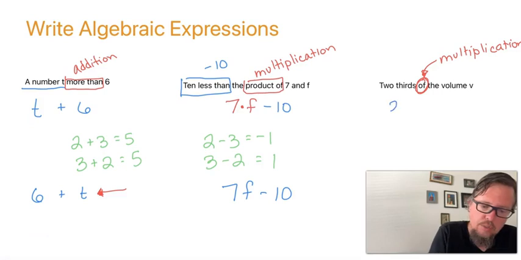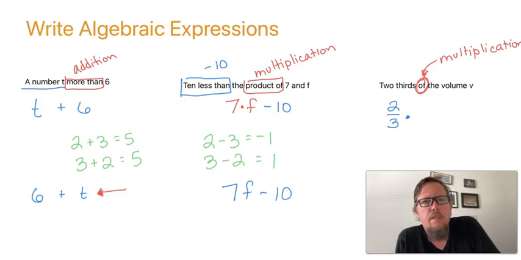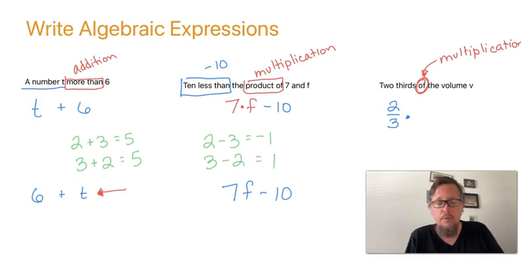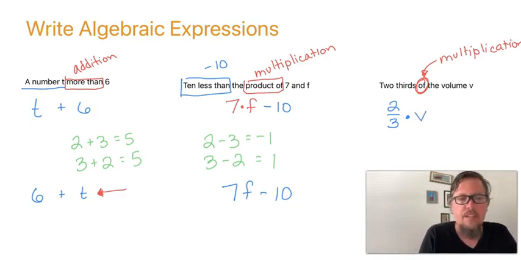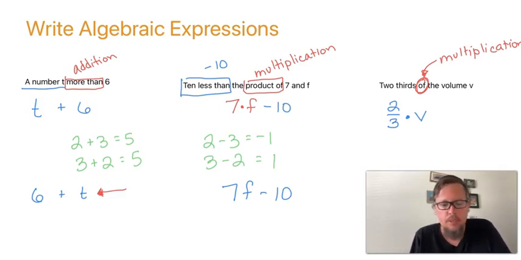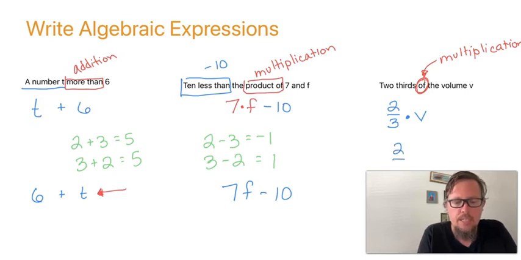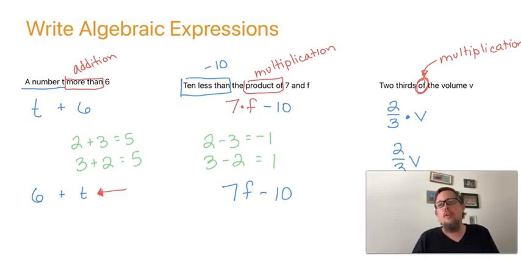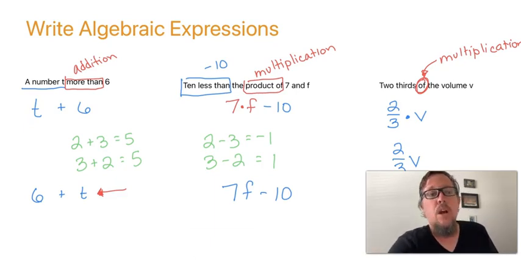So let's start off with 2/3 times the volume V. V is a variable in this case that represents volume. So 2/3 times V. And just like in the previous example, when it's multiplication, we do not need the multiplication symbol. It would be totally acceptable, in fact preferable, to write it just as 2/3 V using that implied multiplication, which says, again, if there's no symbol, it means we are multiplying.